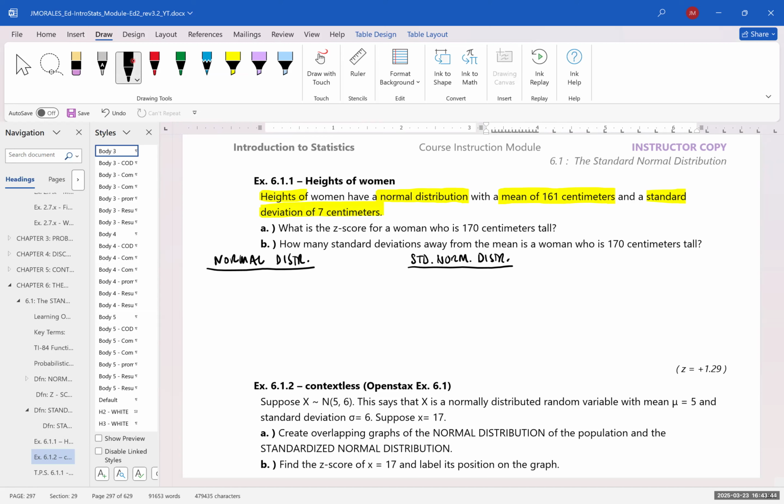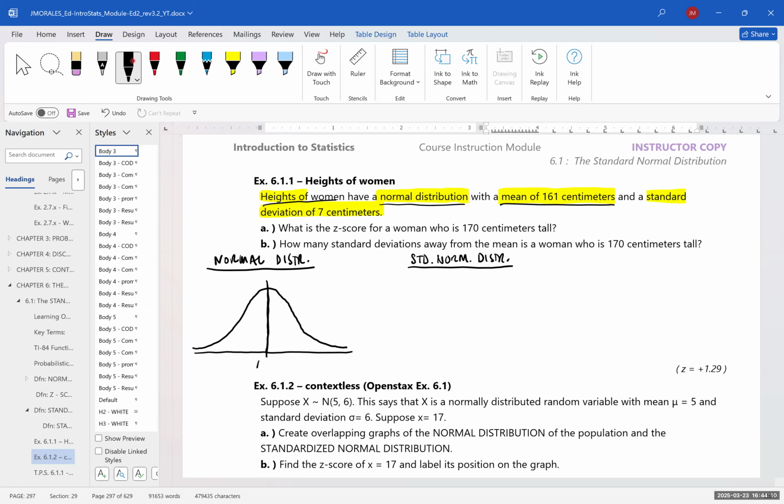So we know that the heights of women is normally distributed. So what we're going to have is a distribution shape which is symmetrical and bell-shaped. I'm doing my best to just sketch this. Now, the center of the normal distribution is going to be at the mean.